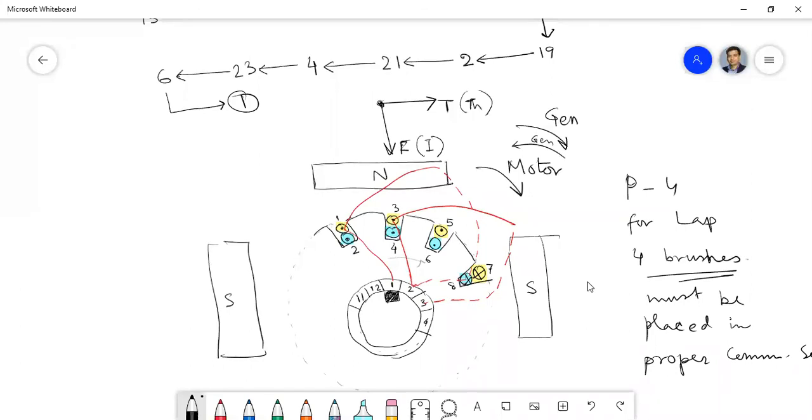Here the coil span is three slots. So 1, 2, 3. So after 3 slots, it is returning back. Or it can be measured in terms of millimeter or centimeter, in terms of arc length, the peripheral length. That also is used for coil span measurement.